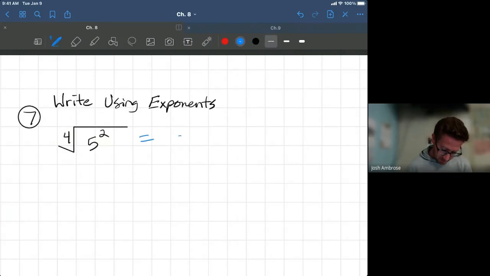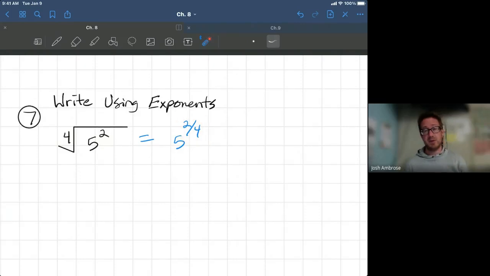So this is going to be 5 to the 2 over 4, but don't leave it. Why do you not leave it? Because 2 over 4 can be reduced. So you're going to actually reduce it to 5 to the 1/2 power. Remember, this is your denominator, this is your numerator, and if you can reduce, reduce.